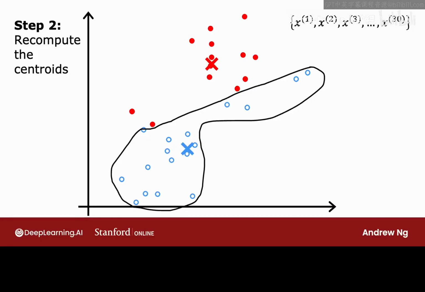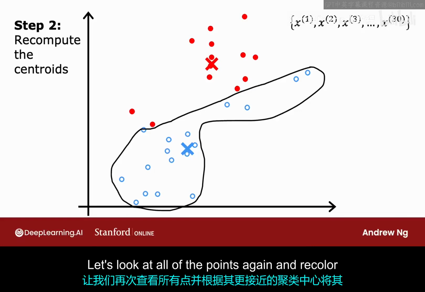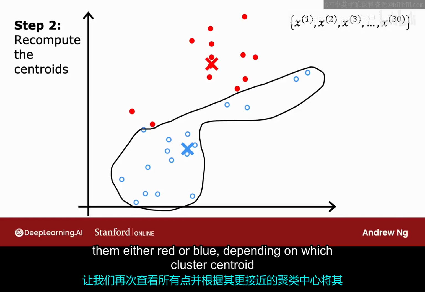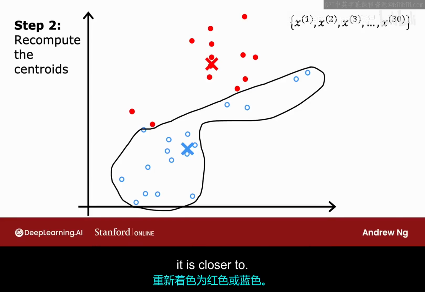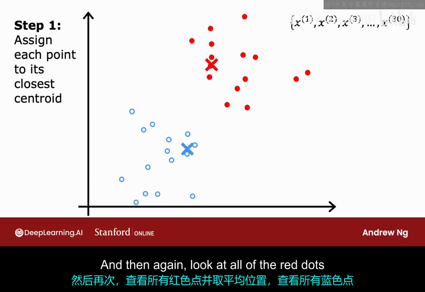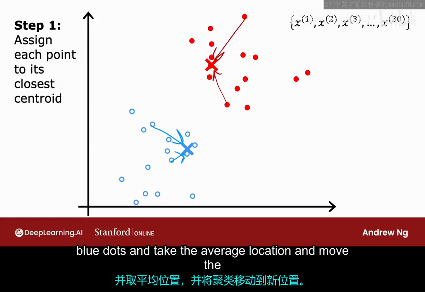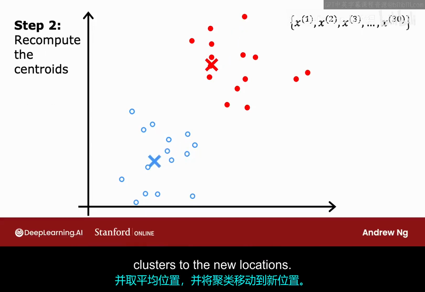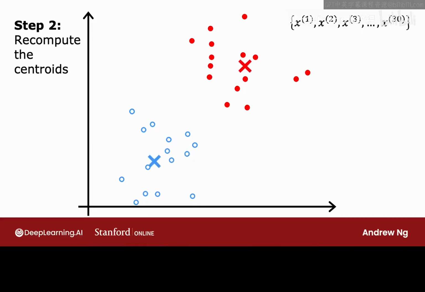And we repeat. Let's look at all of the points again and recolor them, either red or blue, depending on which cluster centroid each is closer to. So you end up with this. And then again, look at all of the red dots and take their average location, look at all the blue dots and take their average location, and move the cluster centroids to the new locations.